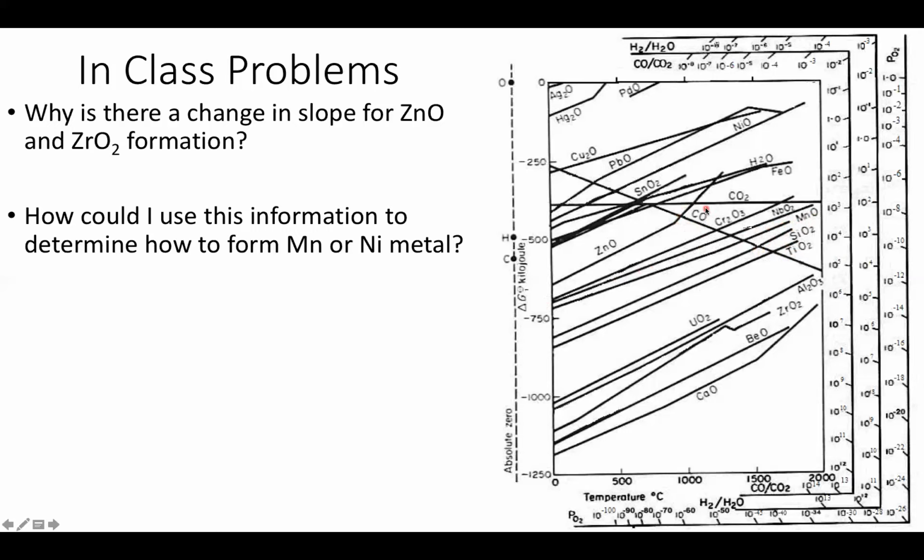Because it turns out that coke or coal can save my butt again, because at high temperatures, coal will, instead of wanting to form CO2, form CO as long as I'm under low oxygen conditions.